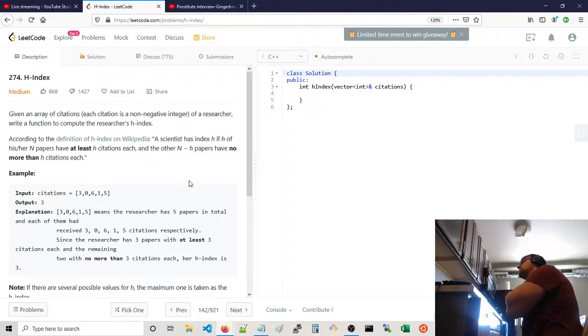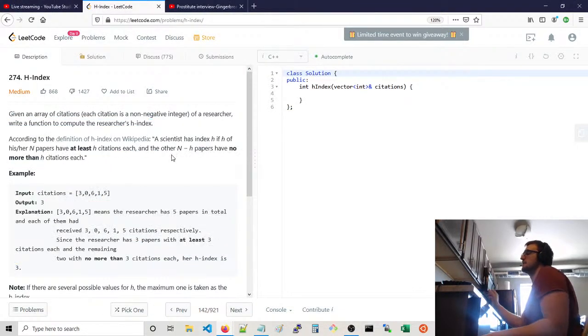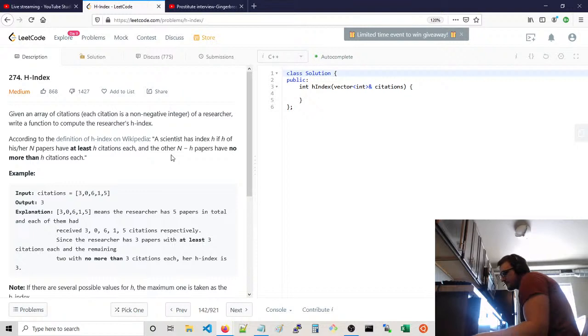So H of the papers have at least H citations, and all the other papers have no more than H, have less than H. Okay, no, I think it works. I think it exists. It's just a weird definition, but I think I get it.